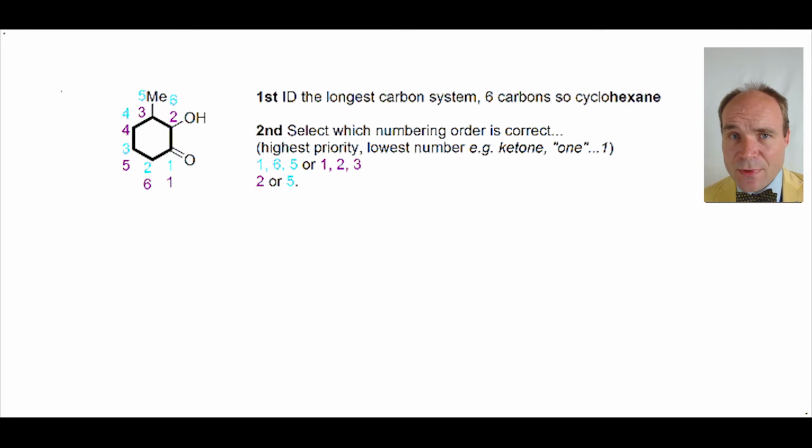So here we need to look to the next lowest number to see if there's a difference there. Here we're looking at choice between 2 and 5. 2 is lower than 5, so 2, as it were, wins. We're going to number in an anti-clockwise direction to give our functional groups positions 1, 2, and 3. Okay, that's the location sorted out.